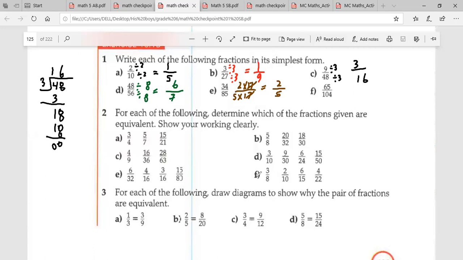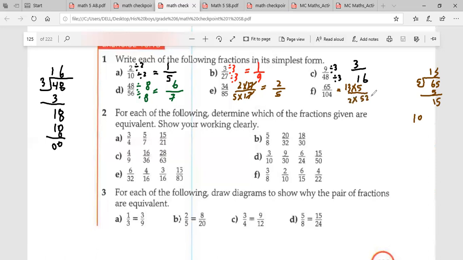Okay, maybe the next one is easy for you, but I have a problem here. This is a 5 because it starts with 5. 5 multiplied by what? 65 divided by 5 is 13. And 104, we can say that is 52 multiplied by 2.